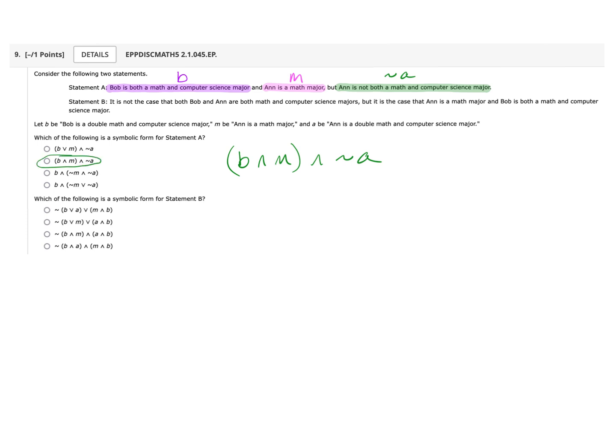Okay, which of the following is the symbolic form of statement B? So let's break statement B down. So it is not the case that both Bob and Ann are both math and computer science majors. So Bob being a double major and Ann being a double major, those are two separate statements.